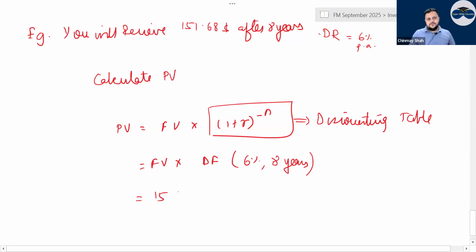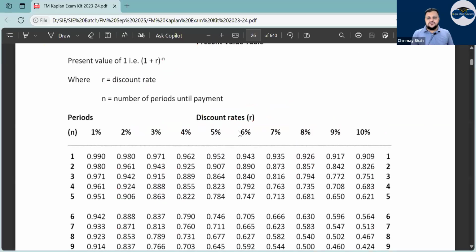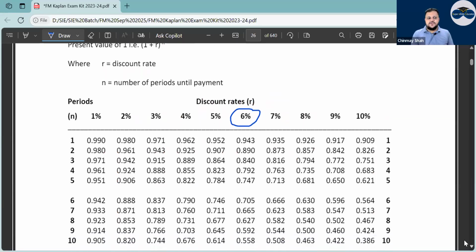Future value is $151.68 multiplied by, sir, discounting factor. आ जाओ जरा discounting factor that you have taken. Discounting rate is how much? 6%, right? And how many years? Tell me.